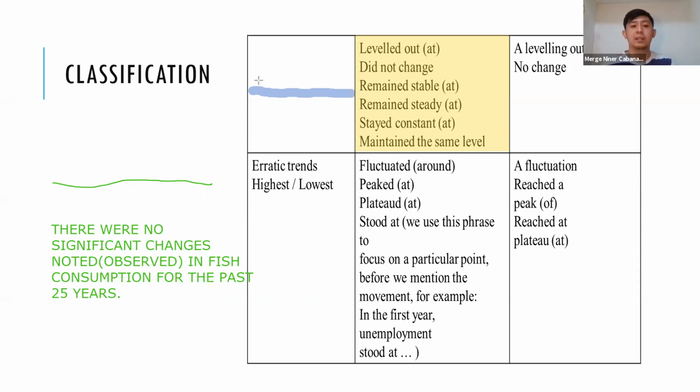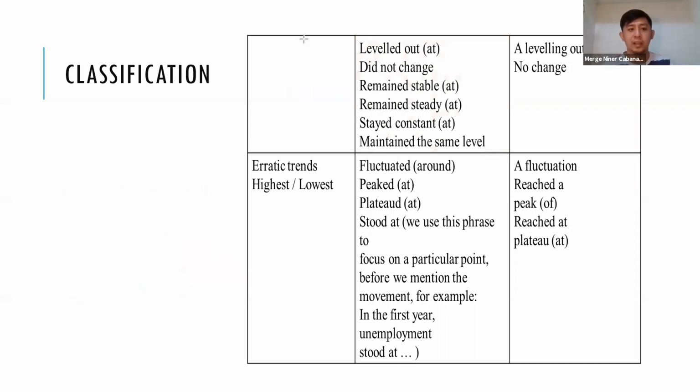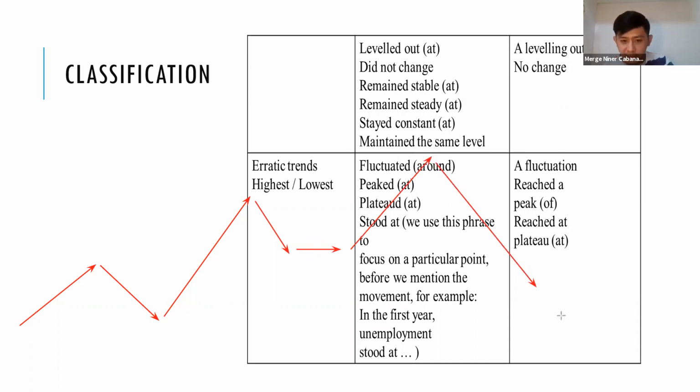So, sir, what about if this is the type of line that we will see? Take a look at this. There is a very sharp upward movement, and then a slow decline, and then it remains stable, and then it went up again, and then it went drastically down.